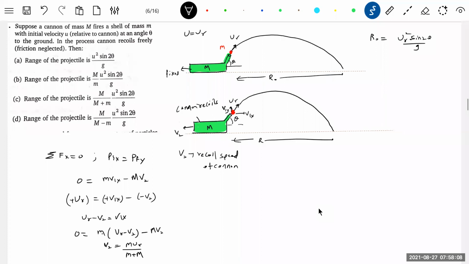What is v1x equal to? I'll substitute in that formula ur. This is the horizontal component of velocity of the shell. So what should I call v1x? The horizontal component of the velocity of the shell with respect to the ground. What about the vertical component? The vertical component is just ur sin theta.